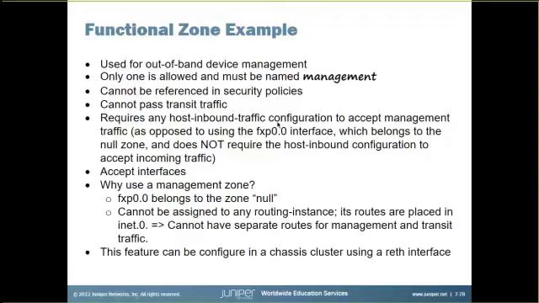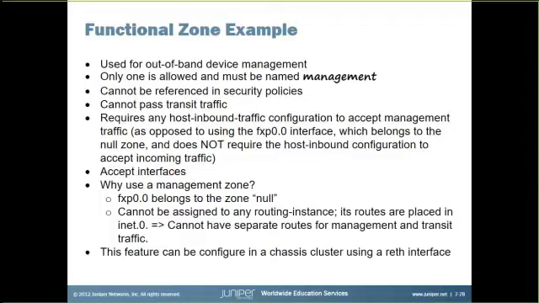Now, if I already have the fxp0 interface, and this is a question that I get from time to time from my students: if I already have my fxp0 interface for out-of-band management, why would I need to create this functional zone? Main reason is your fxp0 interface can only be part of inet.0.